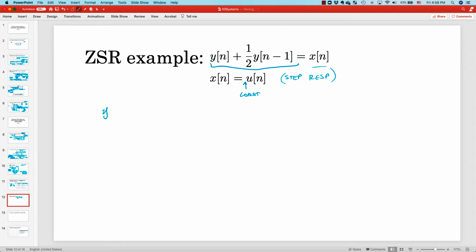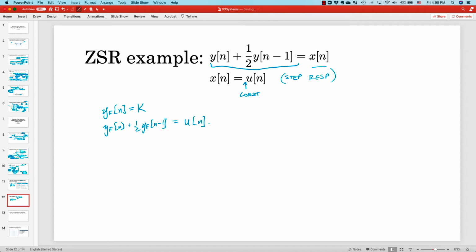So that means that the shape, or the mode of the forced response, is going to be a constant. So what constant? It's a constant that when I plug it into the inhomogeneous CFEQ, y forced of n plus 1/2 y forced of n minus 1, I get u of n.